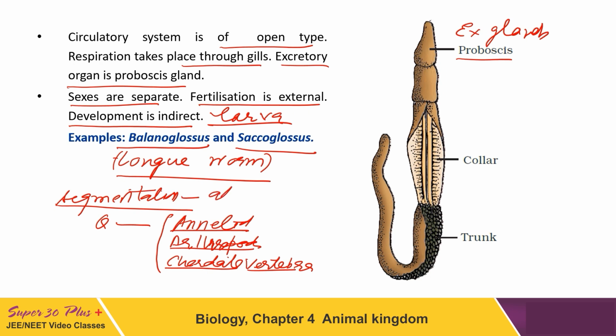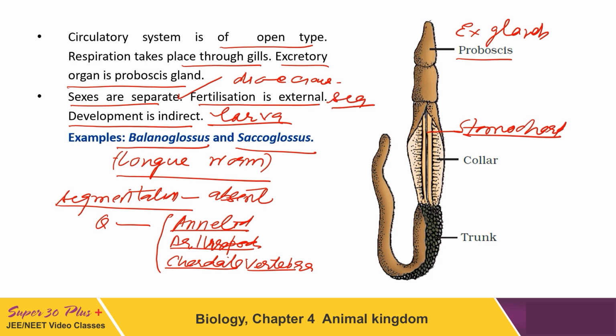So here in this case, segmentation is absent. Anterior region, I told you, has the collar region. Can you remember? It has the stomochord, which is similar to notochord. About the reproductive system, these are dioecious: sexes are separate, male and female. Fertilization is external, taking place in the sea because these are exclusively marine animals.